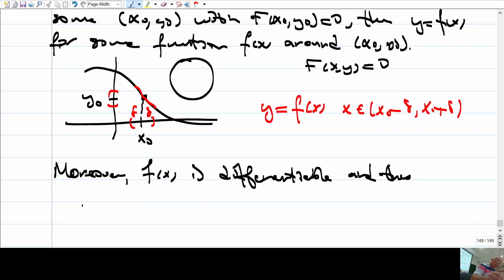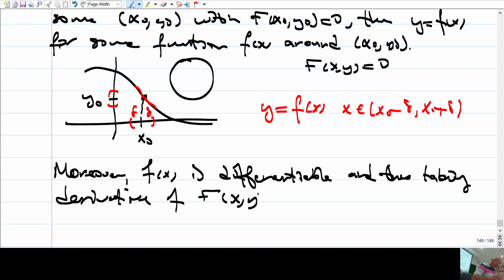Yani differentiable olduğu için taking derivative of, şimdi f(x,y) 0 ya, y is a function of x, so I have this.